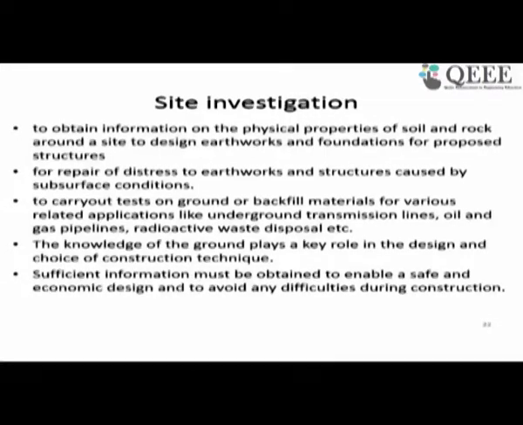So from earthworks to foundation to repair work to other applications like oil storage, everywhere you need a rigorous site investigation. Now this knowledge of ground plays a crucial role for the design and the choice of construction technique. So this knowledge which you gain during the investigation will play a crucial role. Sufficient information one must obtain to enable a safe and economic design of the structures.